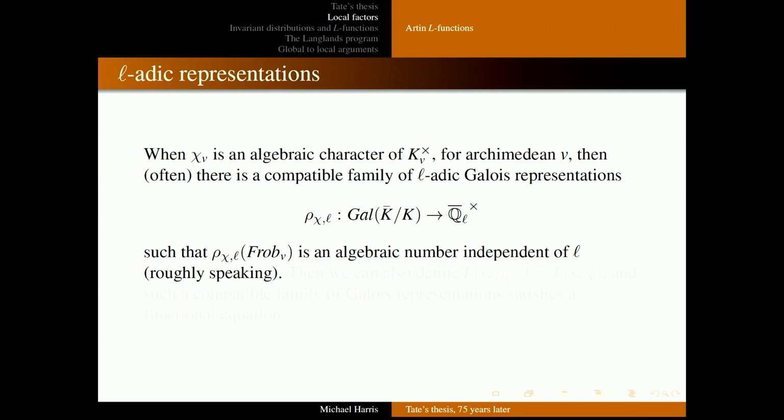Now, you get more than that. You don't get all of the Hecke characters, but if chi sub v is an algebraic character for Archimedean v, then often, or maybe usually, if there's some technical condition, you get a compatible family of l-adic Galois representations with the property that, roughly speaking, because there's some normalization involved, the image of the Frobenius at unramified places is an algebraic number independent of l.